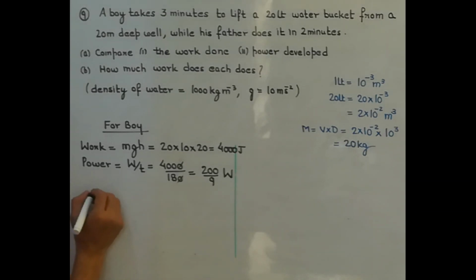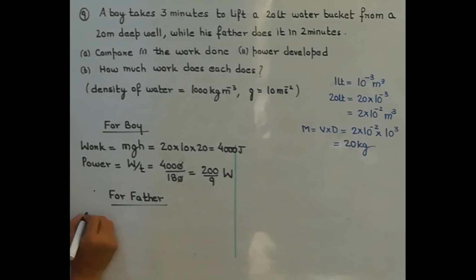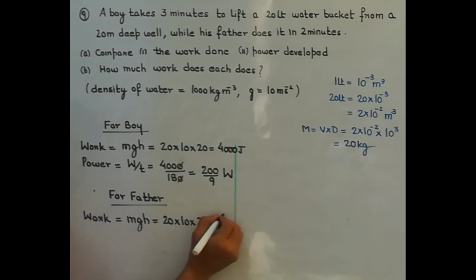Now let's do the calculation for his father. Work done: mass same, height same, so same work, 4000 joule.